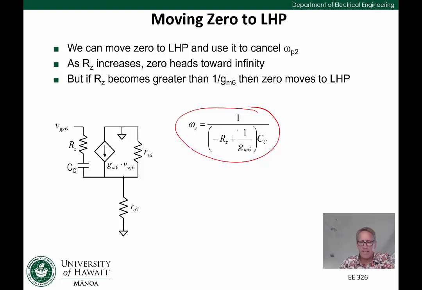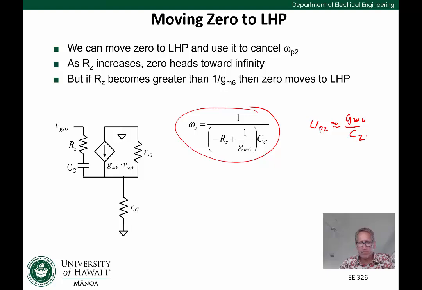Now we want to set this zero equal to the second pole. And you remember that omega p2 is approximately equal to gm6 over c2.